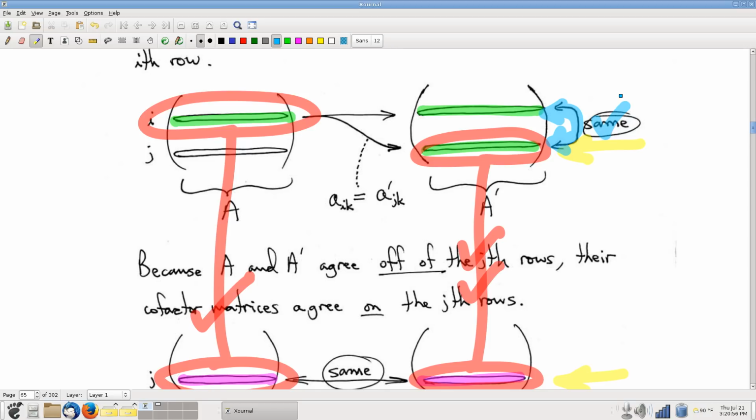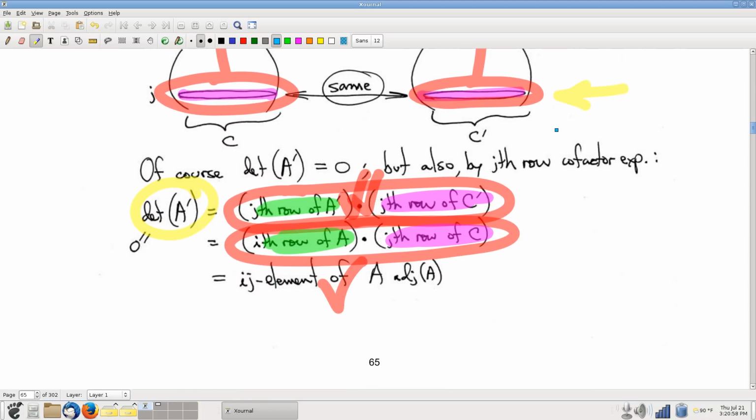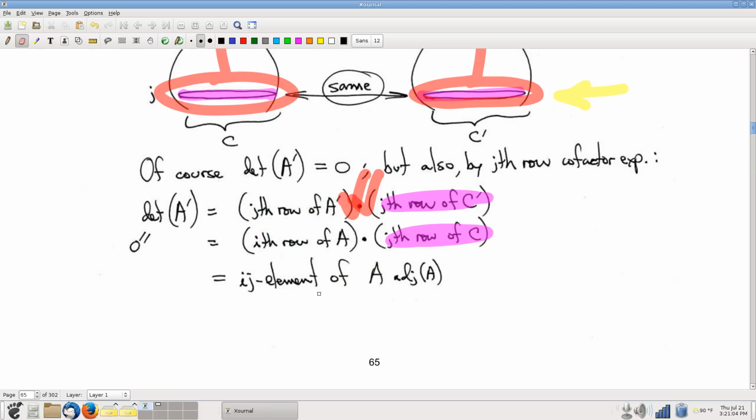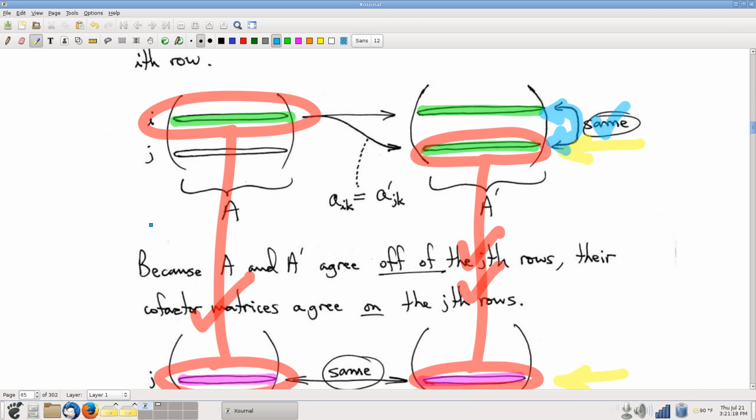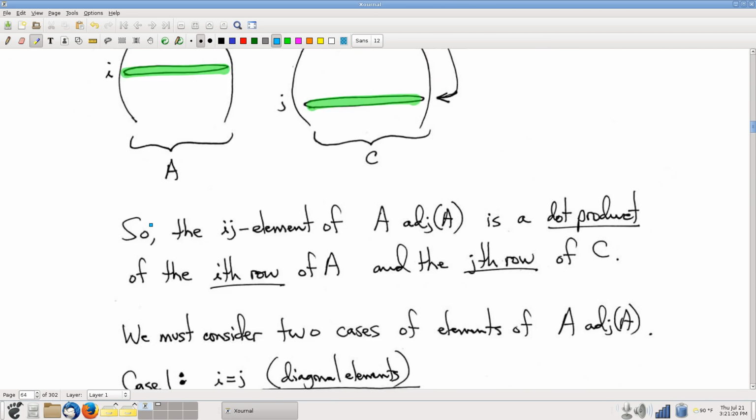Because it has two identical rows, we know that its determinant is equal to 0. And then, as we've been interested in this whole time, we see that this ij element of that product is equal to 0. It's a pretty circuitous little calculation, but it gets us there. And that's what we needed to show way back here.